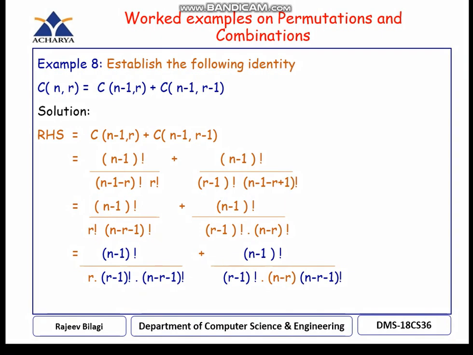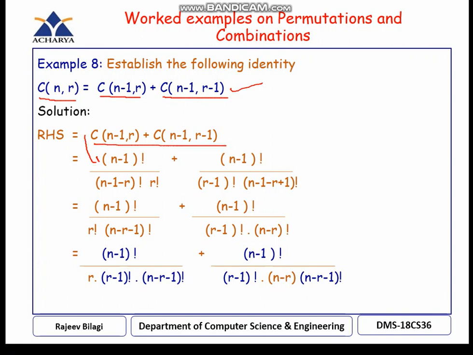The other problem we will see is C(n, r) equal to C(n minus 1, r) plus C(n minus 1, r minus 1). Now I'll take the RHS first, then I will get the LHS. I apply the formula here.